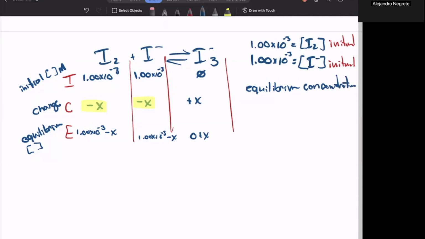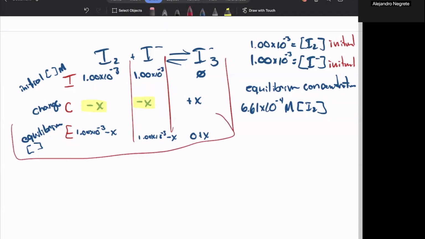The equilibrium concentration is 6.61 times 10 to the minus 4 molar. And this is the equilibrium concentration of I2.